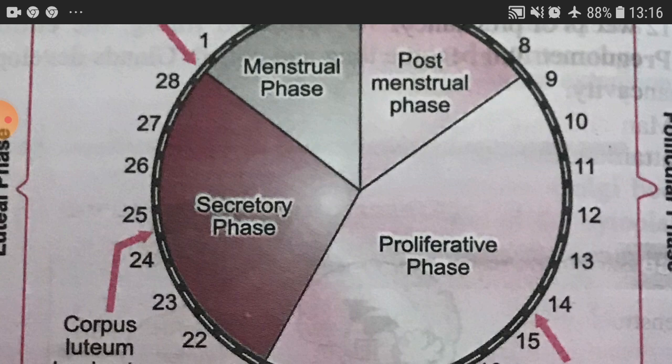Now the effect of fertilization. If fertilization occurs and the fetus is implanted in the endometrium, the trophoblast cells of the developing placenta secrete a hormone called human chorionic gonadotropin, HCG.